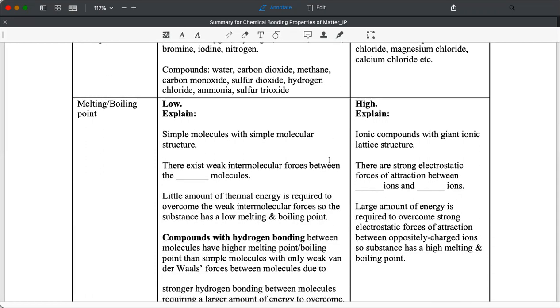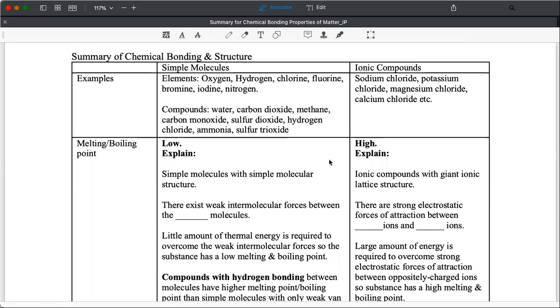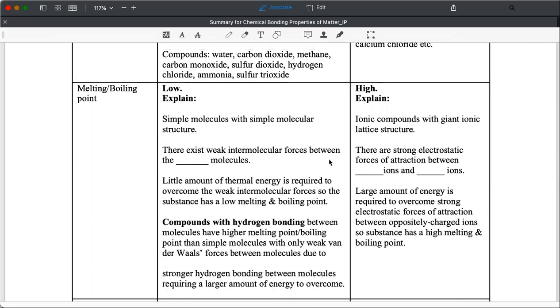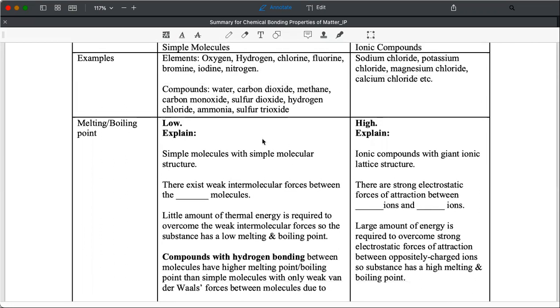As for melting or boiling point, the way to explain their low or high melting and boiling point follows the same template. The template is this: structure, bonding, particles, energy. I call it the SBPE template.